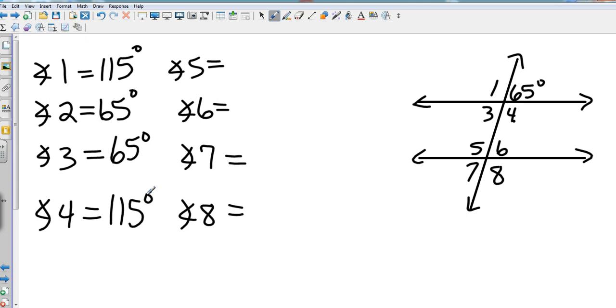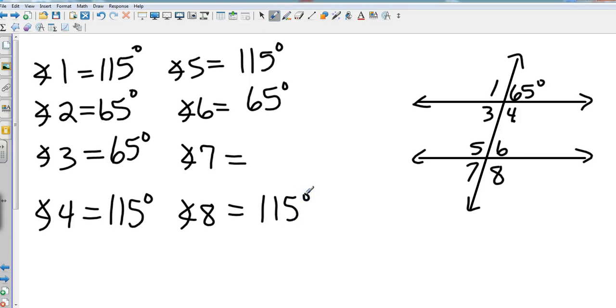Now let's use our alternate interiors. If angle 4 is 115, then angle 5 is the alternate interior, so it's also 115. If 3 is 65, then 6 is its alternate interior angle, so it is also 65. If 1 is 115, then 8 is its alternate exterior, so it is 115.